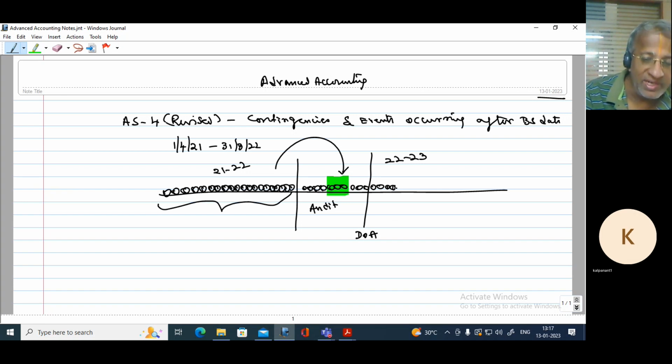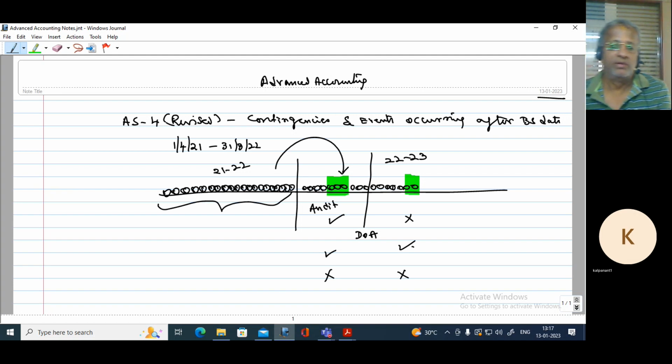And after that date also, some transactions related to 21-22 might also occur. Whether we will capture only this and ignore this, or capture both, or ignore both, or ignore the first one and capture the later. Which one is appropriate?